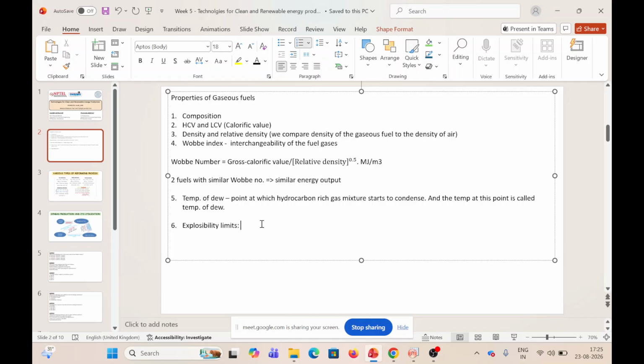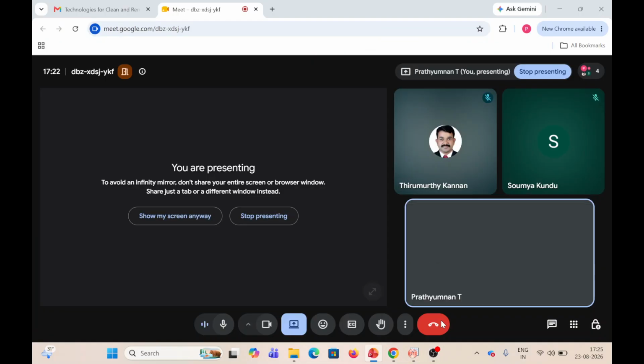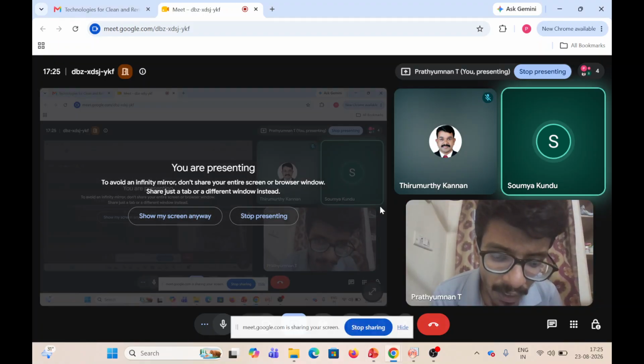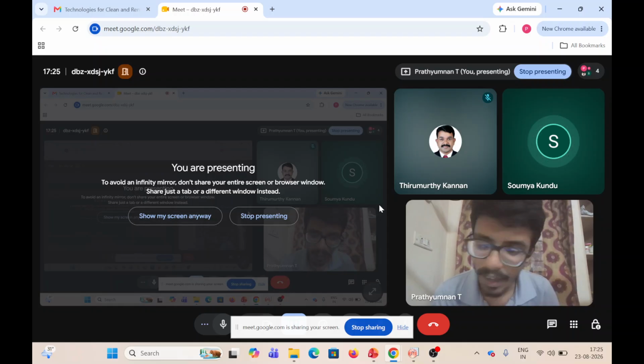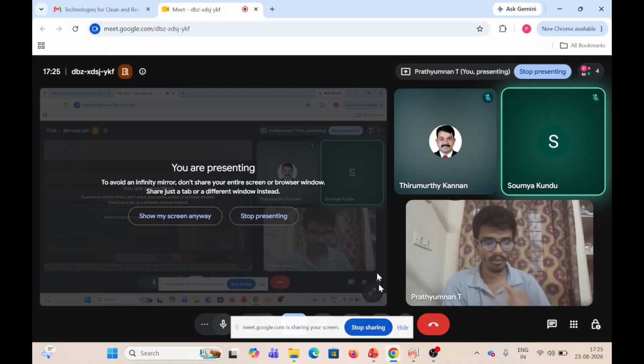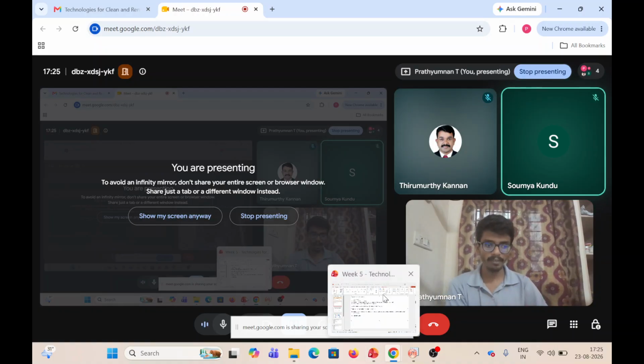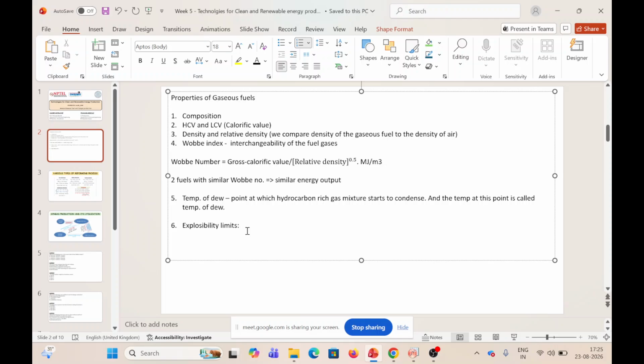Without these three things, burning will not start. Presence of oxygen is one. Apart from that, there are two more parameters involved.